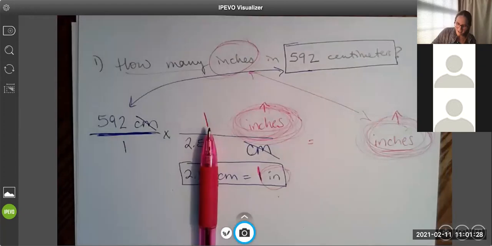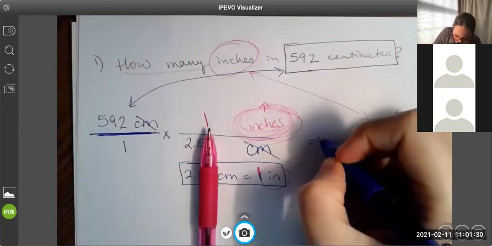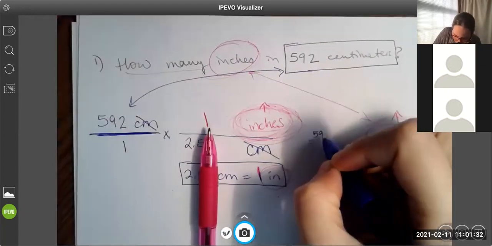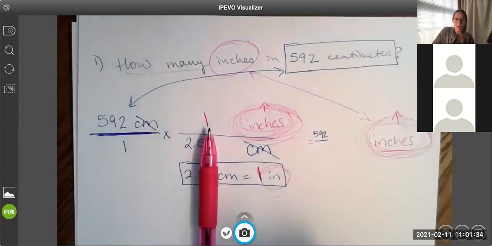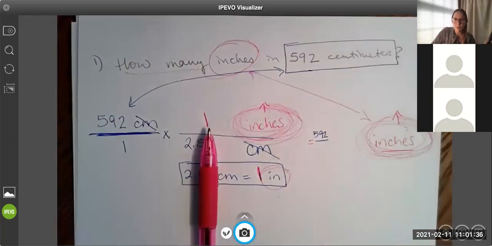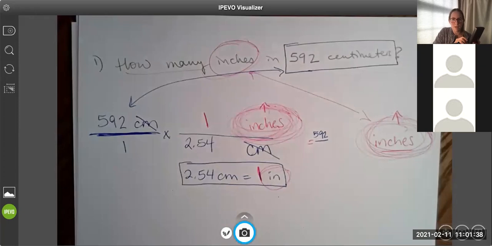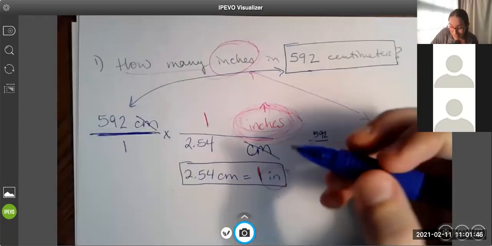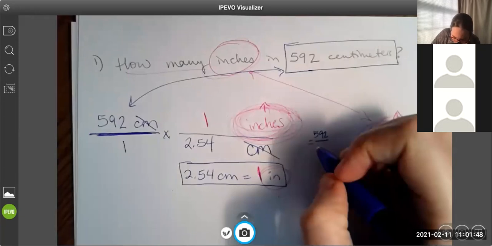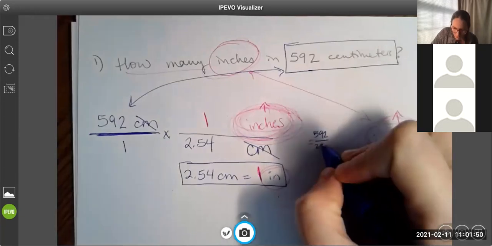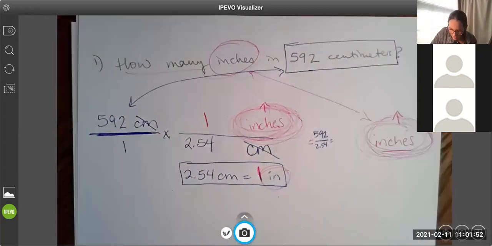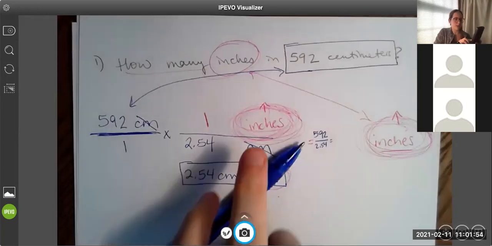There you go. So we've got 592 times 1 is 592. That's our number on top. And how about on the bottom? Which number should I type in for the bottom? That's going to be 1 times 2.54, and that's just going to be the same number. Yeah, exactly. 2.54.